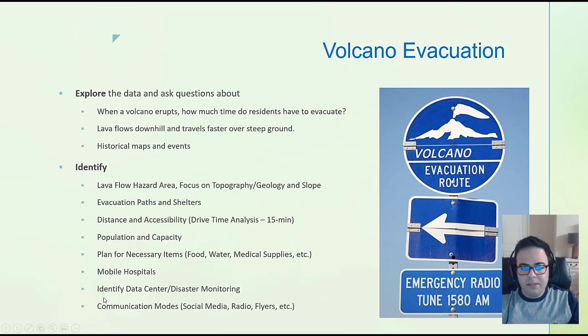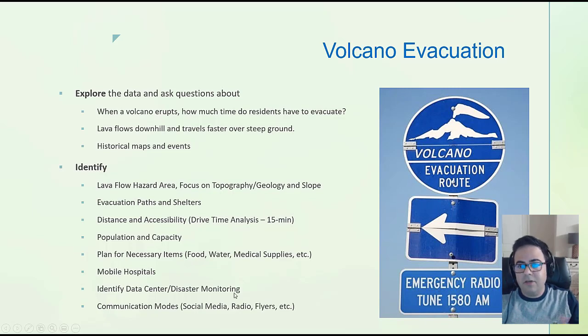The next item is to identify data center disaster monitoring areas. So think about the teams that are going to be monitoring areas, making these decisions on a real-time basis, and making sure everything is in place. We have to find a location for them, and maybe that is not known before the actual volcano, but we need to think about different scenarios right here as well.